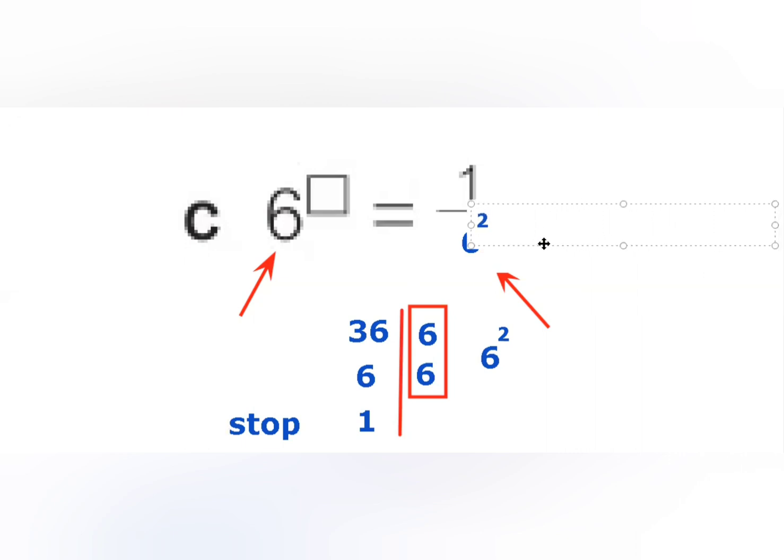After finding the power for the same base number, now I can turn this fraction into a negative index number. Now we have 6 power of 2 and we have 1 over, or a fraction with 1 in the numerator. We talked about the meaning of 1 and a line like this.